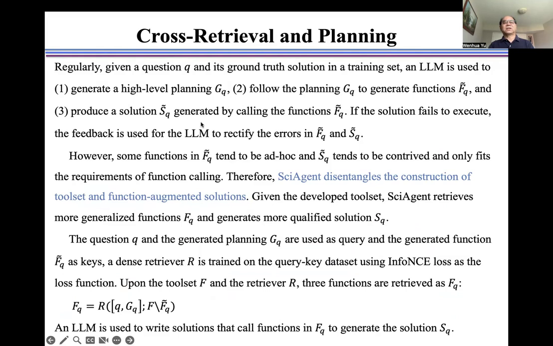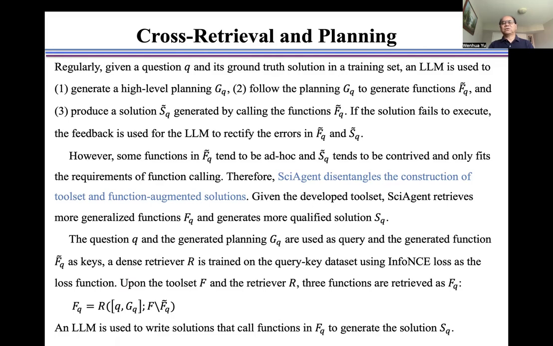Given a question Q and its ground truth solution in a training set, a large language model is used to 1, generate a high-level planning GQ, 2, follow the planning GQ to generate functions FQ tilde, and 3, produce a solution SQ tilde generated by calling the functions FQ tilde.